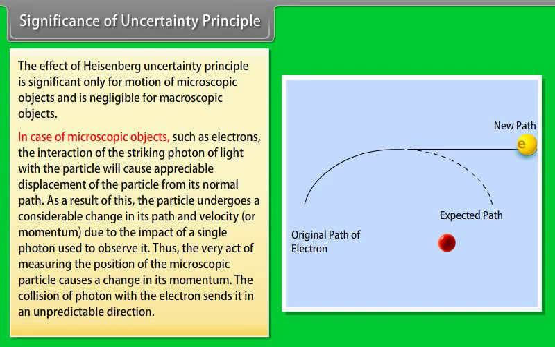As a result of this, the particle undergoes a considerable change in its path and velocity or momentum due to the impact of a single photon used to observe it. Thus, the very act of measuring the position of the microscopic particle causes a change in its momentum. The collision of the photon with the electron sends it in an unpredictable direction.